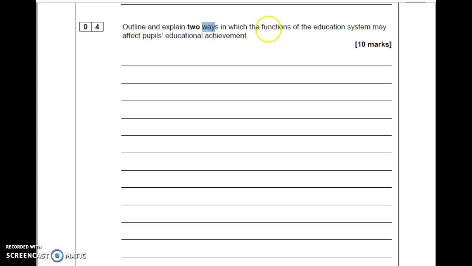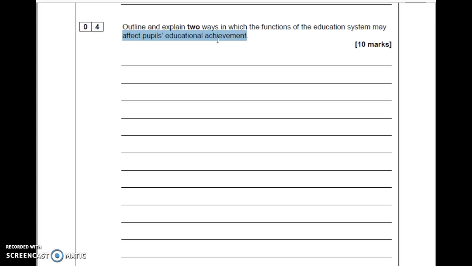And start off by explaining what the function of education might be, whether it's from functionalist, Marxist, feminist, and then state how that impacts students' achievements. So you've got to be very clear that if you're given a Marxist function, for example, that you are stating this is reproducing working class underachievement and this is causing the working class students to fail.